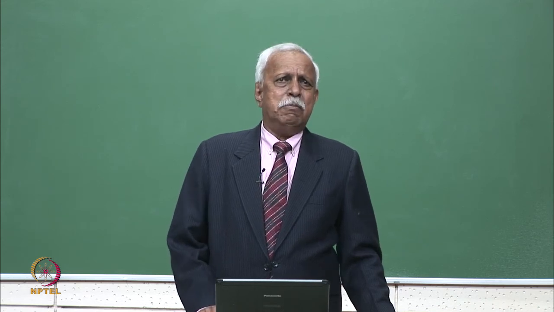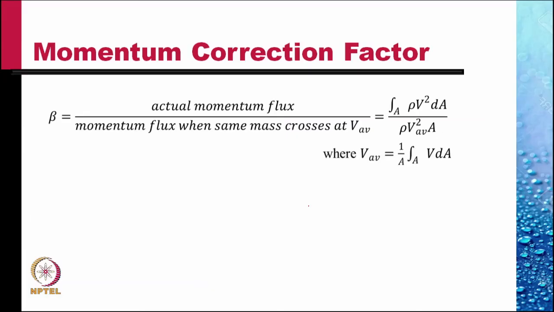We define a momentum correction factor beta, just like we defined an energy correction factor gamma when we were dealing with the energy equation. So we define beta as the actual momentum flux divided by the momentum flux when the same mass crosses at the average velocity, which we have been doing so far.